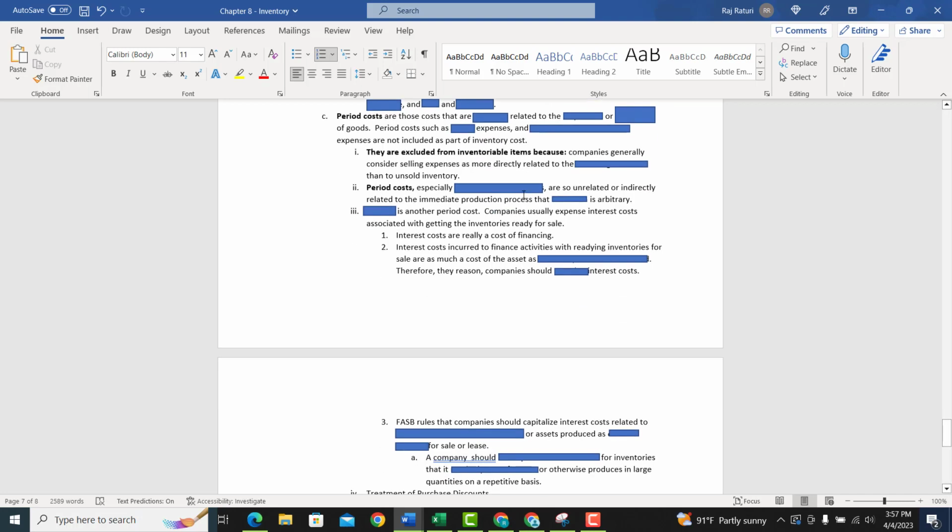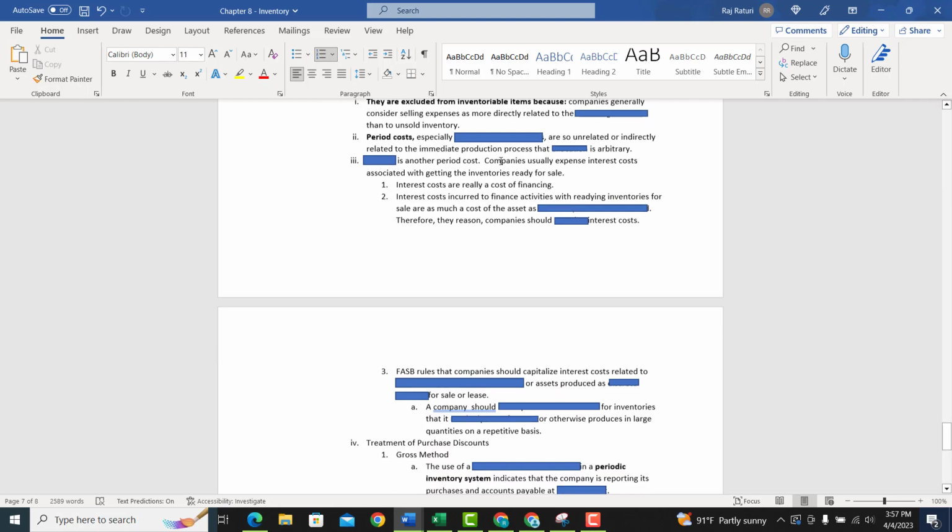Period costs are those costs that are indirectly related to the inventory or cost of goods sold. Well, really the acquisition or production of goods. Period costs such as general and administrative and selling expenses are not included as part of the inventory cost.